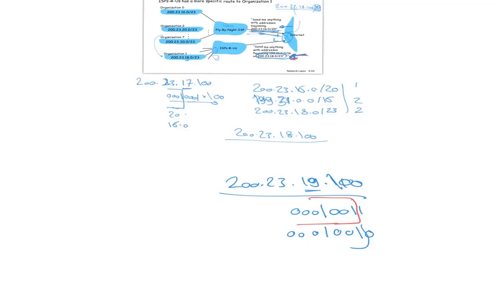So in that case, we will send it to here, which means it will go here. And in fact, this address includes this, right? Sorry, yes. Because here, 18/23 includes 18 and 19. Right or not? Yes. Includes 18 and 19. So it matches. Okay? It works fine. Thank you. Any other questions?